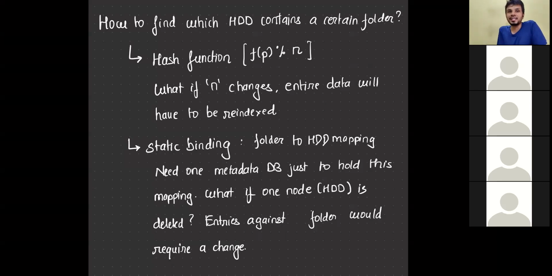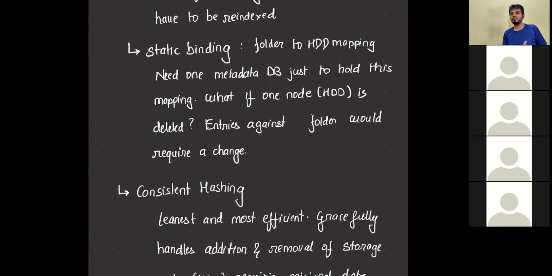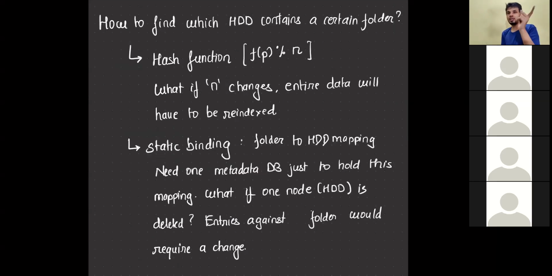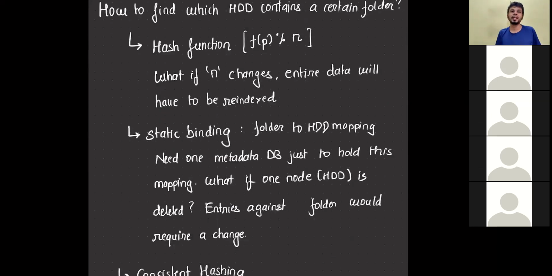But what if n changes? The entire data has to be re-indexed, similar to what we saw last week with distributed cache. So the same set of problems would come in. If n changes, data has to be migrated. Then obviously the solution to that was consistent hashing, where we saw only minimal data transfer. So something similar we can do here.